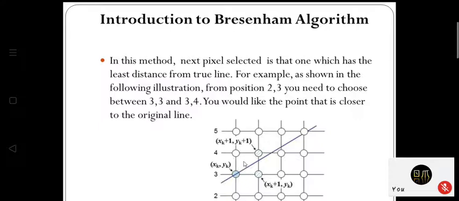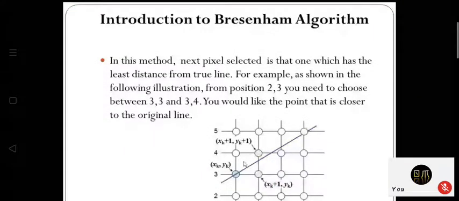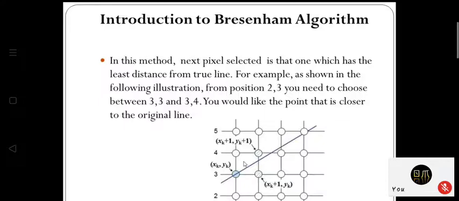Initially x coordinate value was how much? It was 2, but now having x coordinate as 3, how will you evaluate? You will evaluate as x of k plus 1 and y will remain as it is. Similarly, for the other pixel, which is 3 comma 4, how is 3 comma 4 evaluated? The earlier x coordinate value is how much?